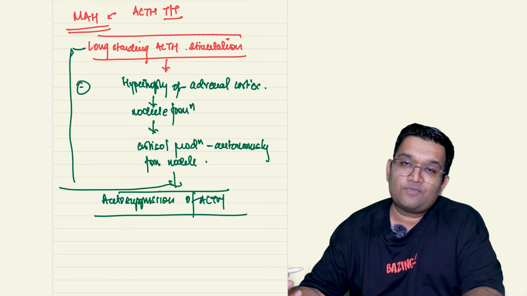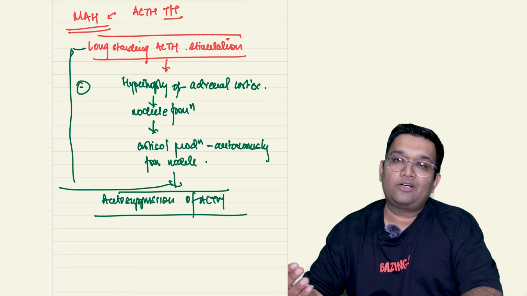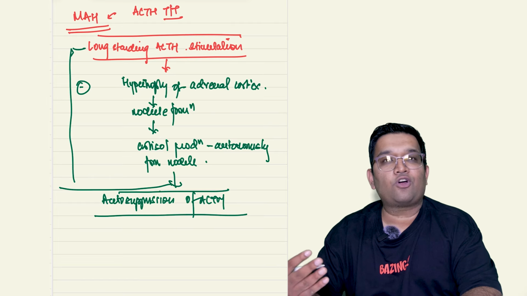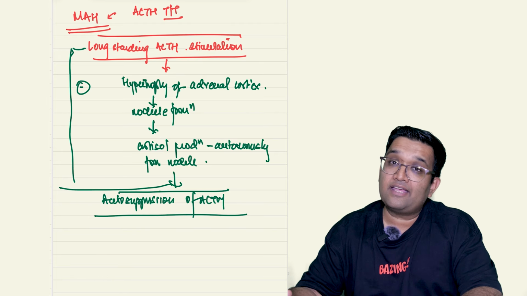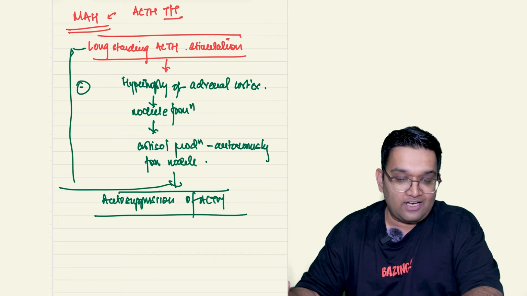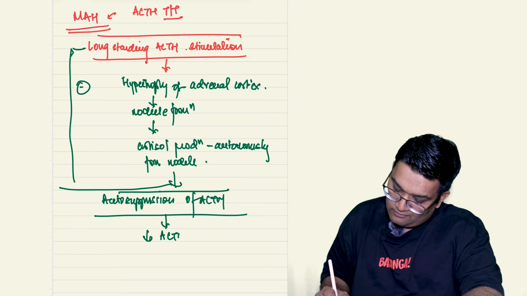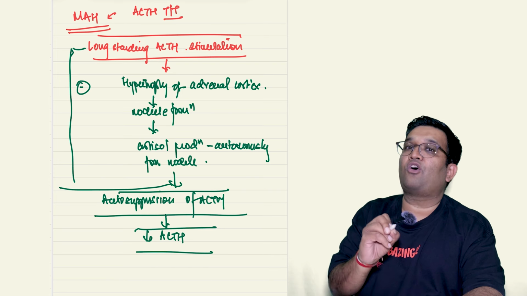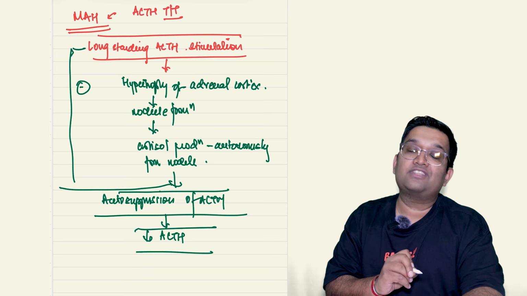So ACTH was being given, it was stimulating the adrenal cortex, that adrenal cortex started growing, that growth led to nodule formation, that nodule was also stimulated to such an extent that it started producing cortisol on its own. This cortisol now on its own is going to have a negative feedback on ACTH. This ACTH now is going to get suppressed. This is known as autosuppression. Alright, and this then leads to low ACTH. So even though this is a ACTH dependent cause of Cushing's, but the ACTH here is low. That is the beauty of this.